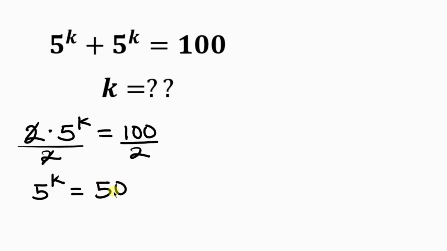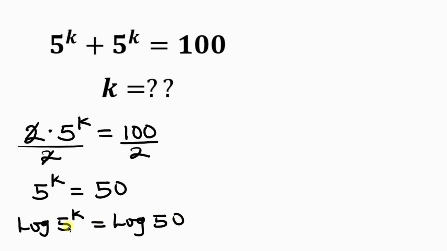Good. Now our next step will be for us to take the log of both sides. So I'll take the log of 5 to the power of k. This is equal to, I'll take the log of the right-hand side, that is 50.